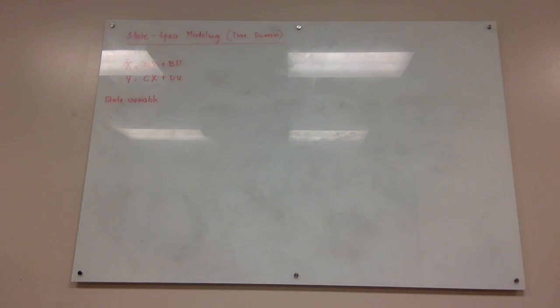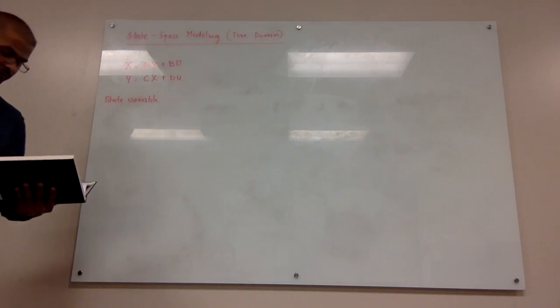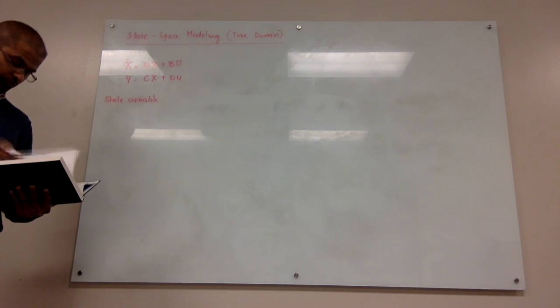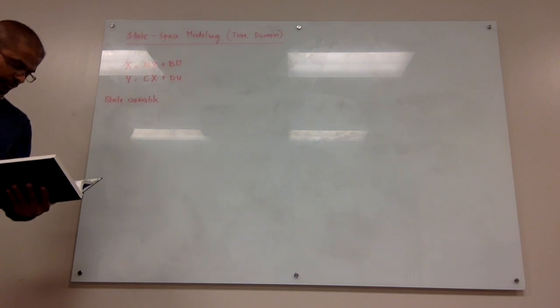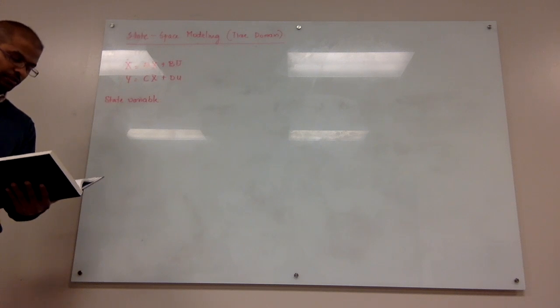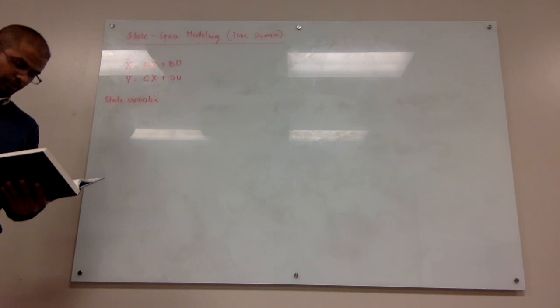Something that describes characteristics of a system. Yes. The state variable is, you're right, it defines a particular state of a system. Okay, it is used to define a state of a system.